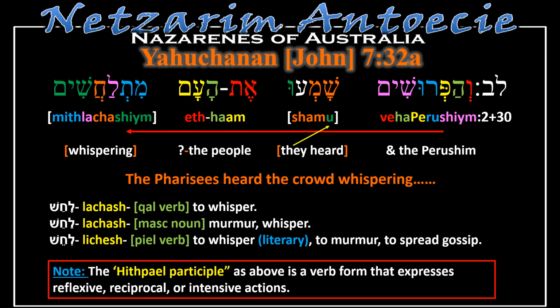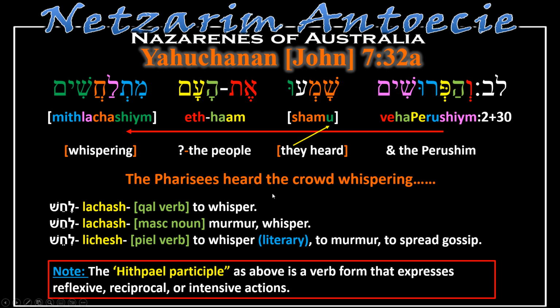So you just get the different forms: piel, a masculine noun, qal verb. And then I've given you here the hitpael participle, as above, a verb form that expresses reflexive, reciprocal, or intensive actions. It means they're whispering themselves. All right? So it's reciprocal or reflexive.